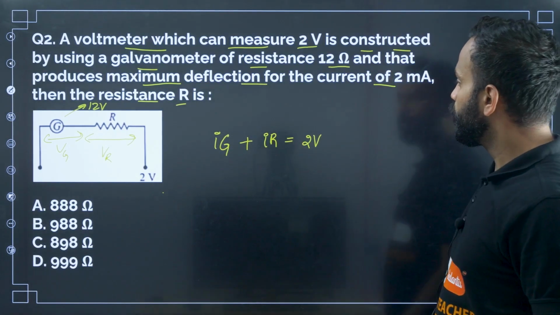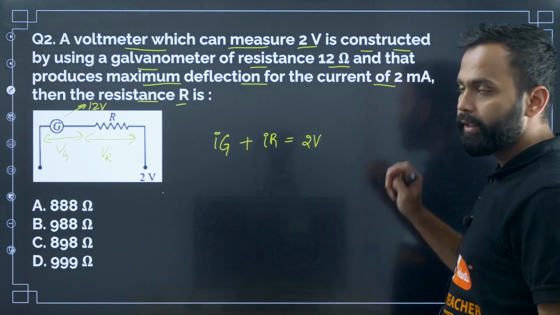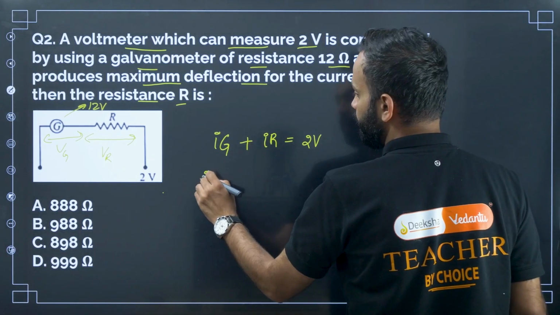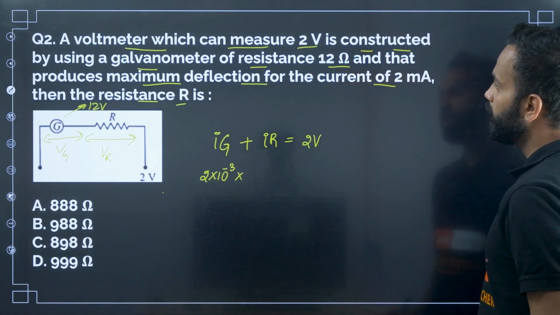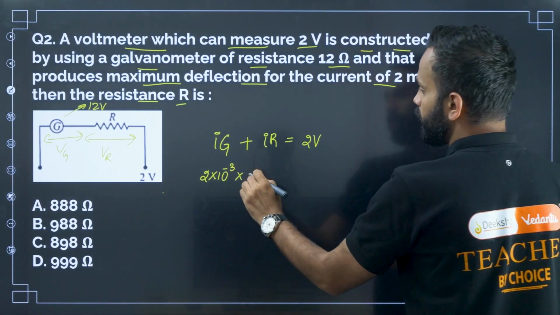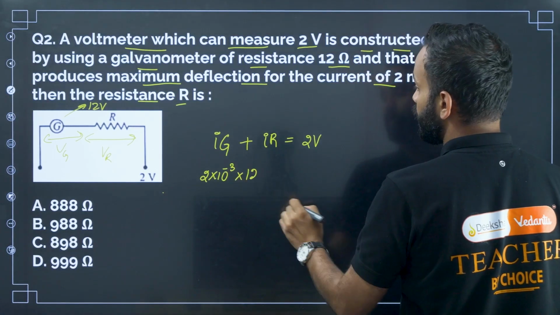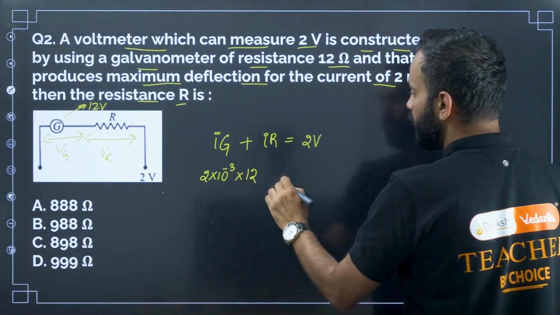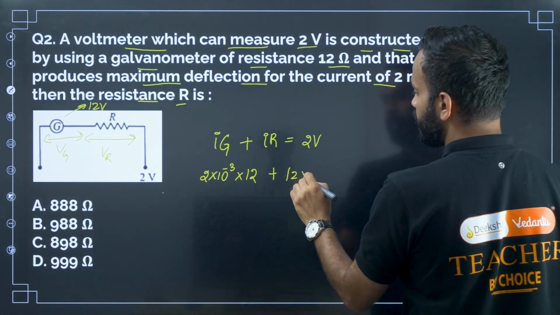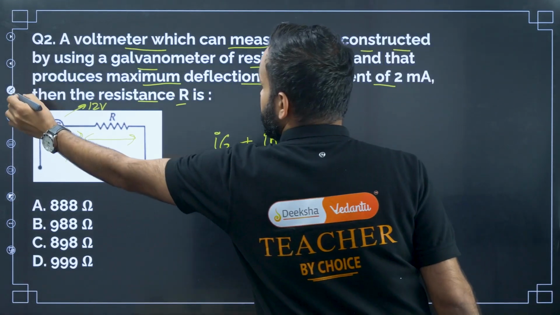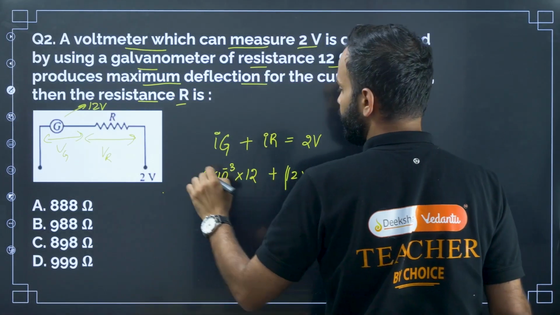What is the value of I? 2 milliampere. So 2 into 10 to the power minus 3 into G. What is the value of G? 12 ohm. Sorry, I is 2 milliampere.